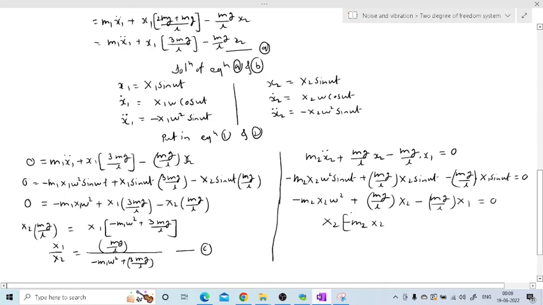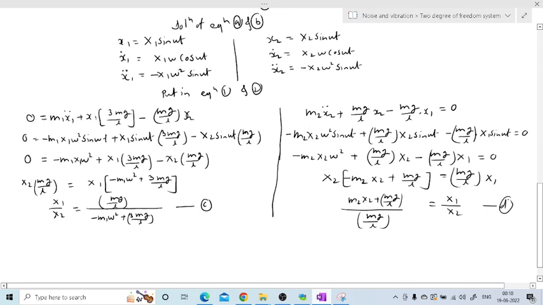Here this equation will become equation D. See, I have written here m1 and m2, but m1 m2 are same, so we can directly put m for m1 and m2. Now equate the equation C and D. So equating equation C and D, because on both the equations we have x1 by x2, so this equation will become mg by l divided by minus m omega square plus 3 mg by l.